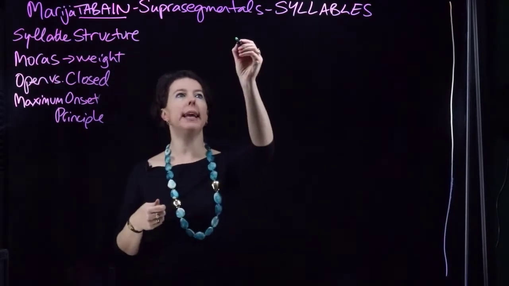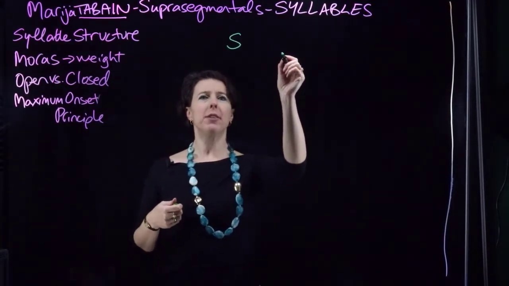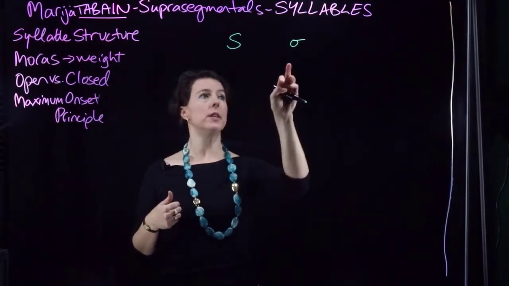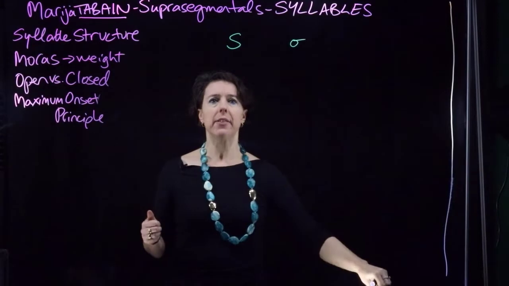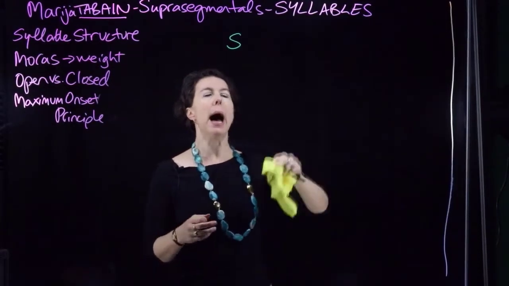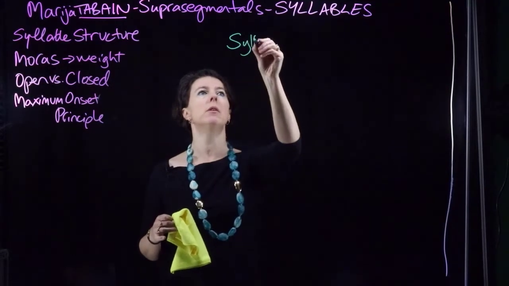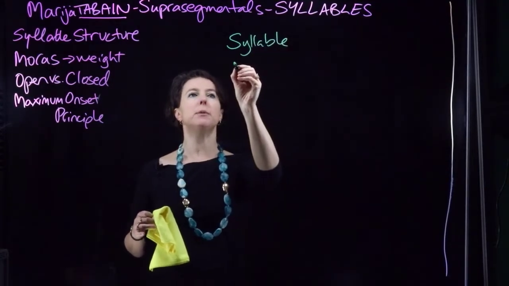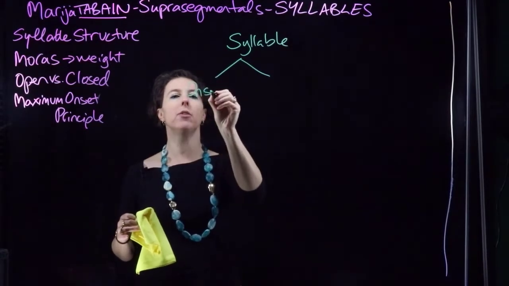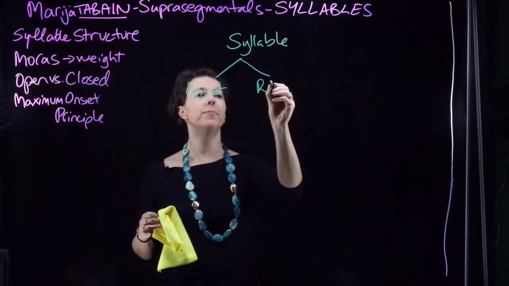So I'll just write S at the top for syllable. Sometimes you will see the Greek letter sigma used for the syllable. For now I won't use that, but just be aware that sometimes you might see that being used. The syllable is broken up into an onset and a rhyme.